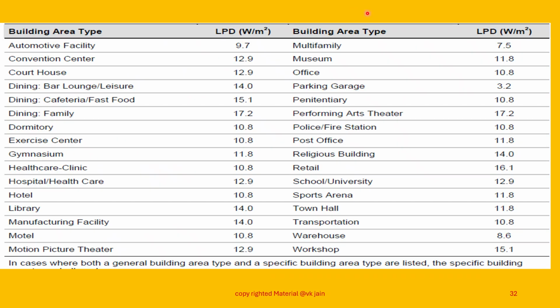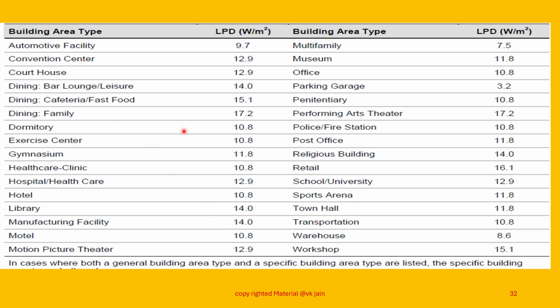Friends, this particular table has been taken from the ECSBC code, which is for all areas which are air conditioned, more than 1000 square meters, or having a lighting power requirement of 100 kilowatt or 125 kVA.